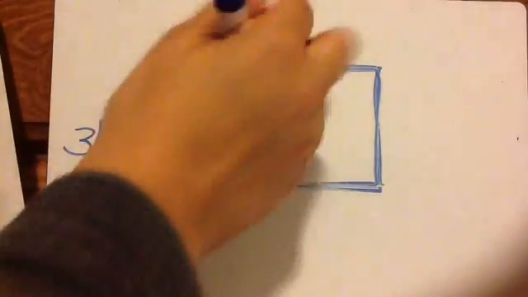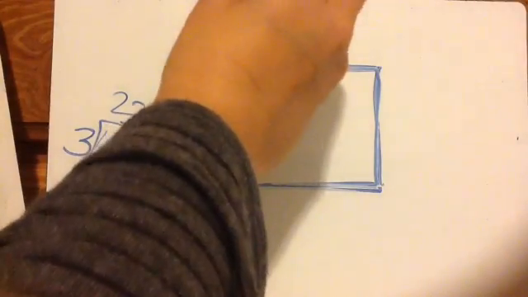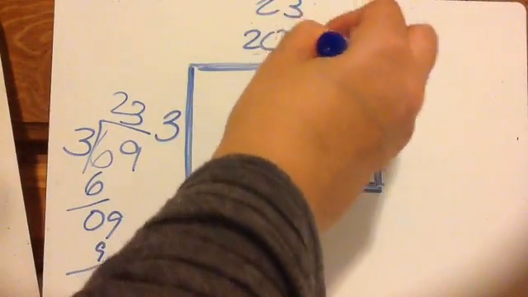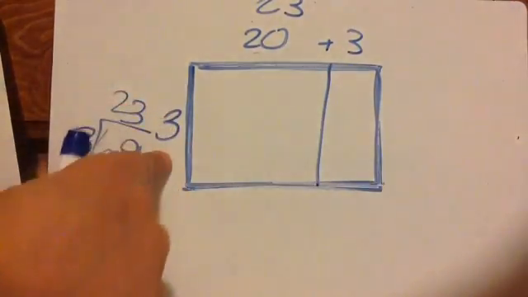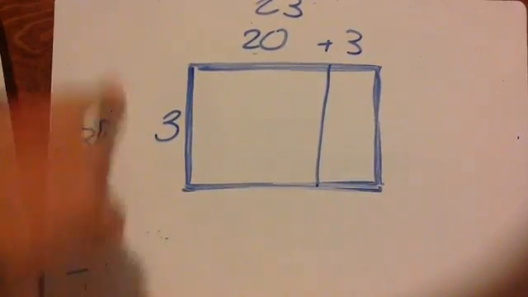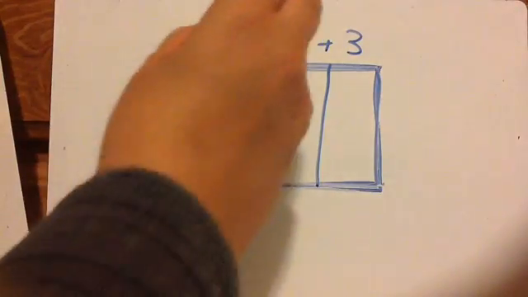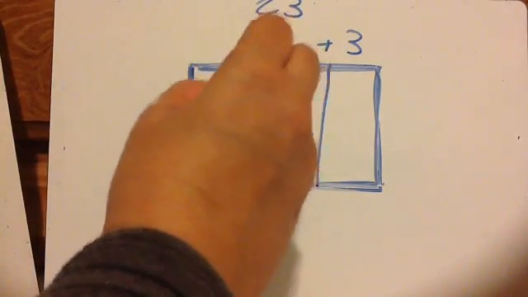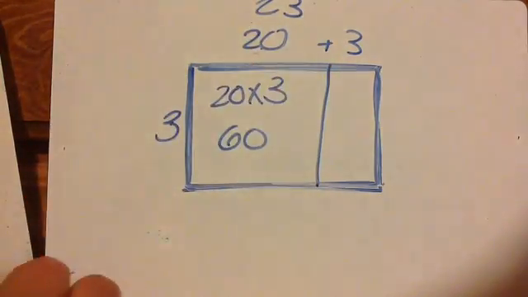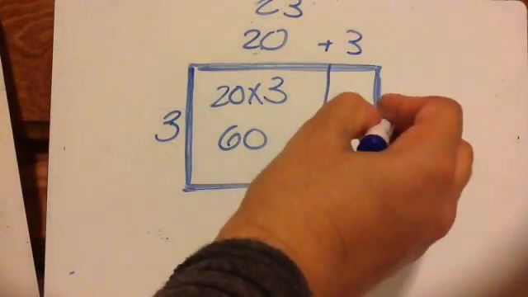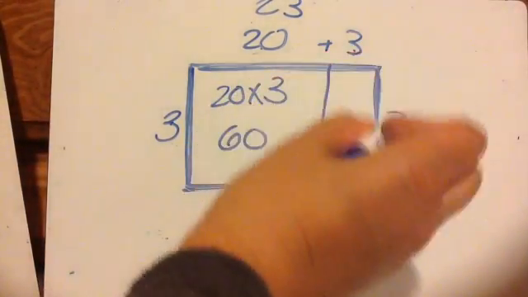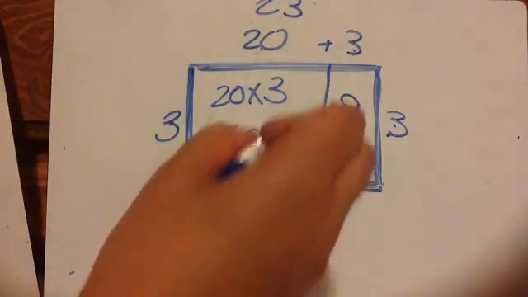So I'm going to break up that 23 into 20 plus 3. Okay, I'm not going to break up this 3 though. And so I'm going to show a 20 by 3. This is a 20 by 3 array, so that's 60. And then if this is 3, then this side is 3. So this is a 3 by 3, so that equals 9.